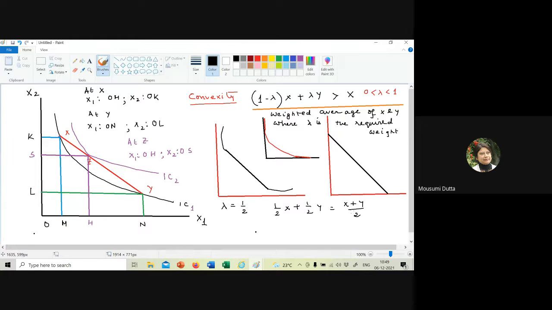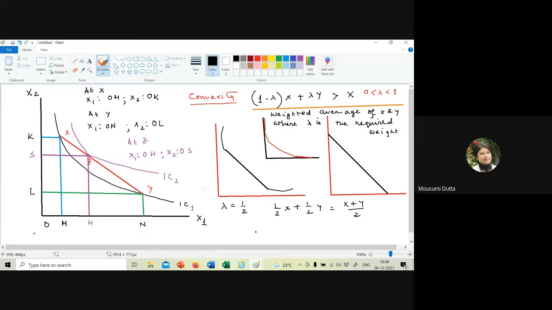If I consider lambda to be half, z will indicate the average of 2 points, x plus y by 2. Are we understanding Z will be the middlemost point on the straight line? Yes, ma'am.